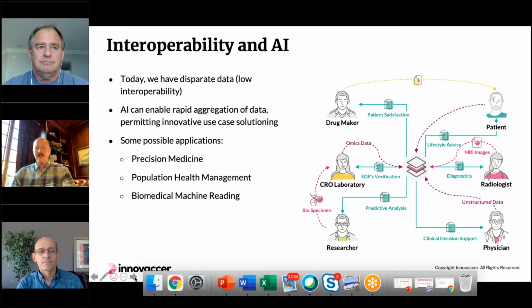Yet, from a data standpoint, when we're thinking about the potential for AI in healthcare, bringing it together for the purposes of doing some of the things on this page, precision medicine, population health, and biomedical machine information, and being able to pull that in as well and have real-time insights, which is a game changer in many hospitals and many emergency departments.